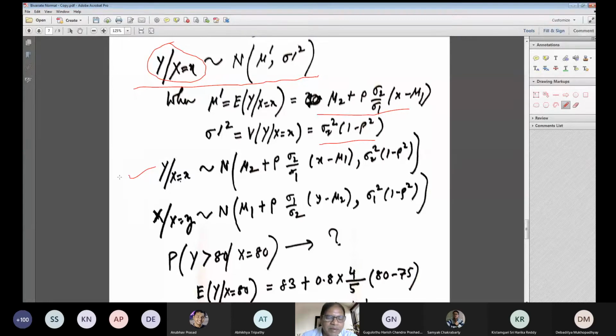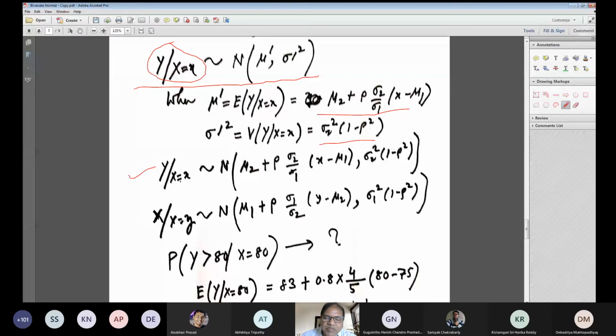So how to remember that? First of all, you are dealing with y conditioned on x. So the first term will be mu2. Then plus rho sigma 2 by sigma 1, because if you consider y by x, it is the standard deviation of y and the standard deviation of x.